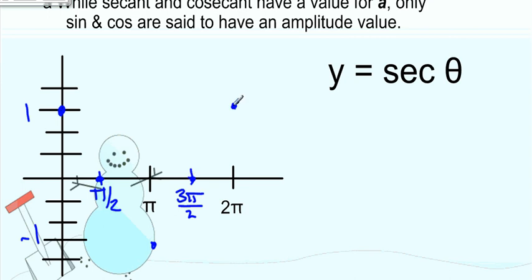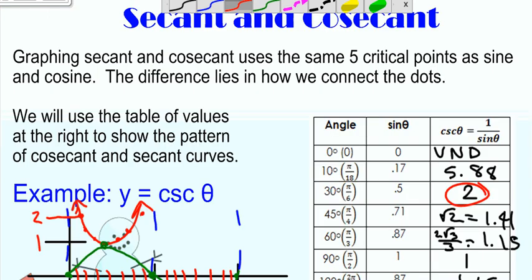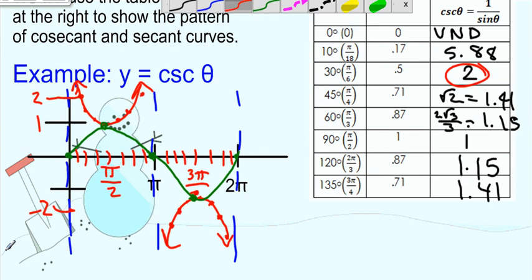Please remember that there's always 5 major points that we're talking about when we're graphing all of these functions. So there's our cosine, right? And it would go on like that. Just as with cosecant, wherever sine was 0, we had those asymptotes.